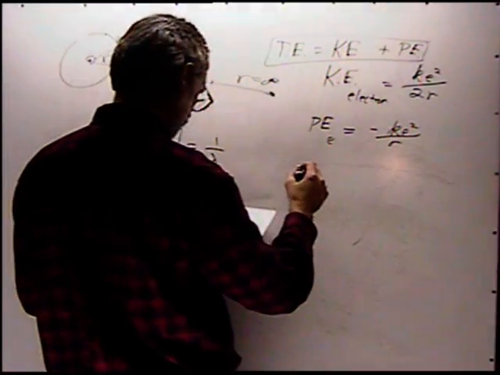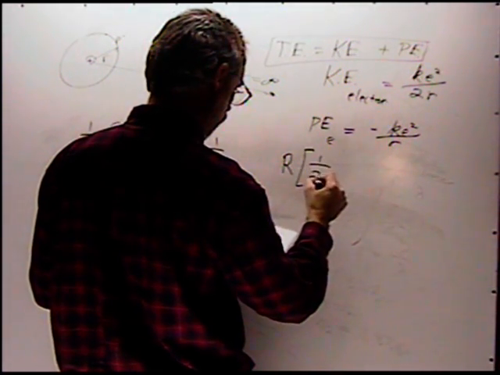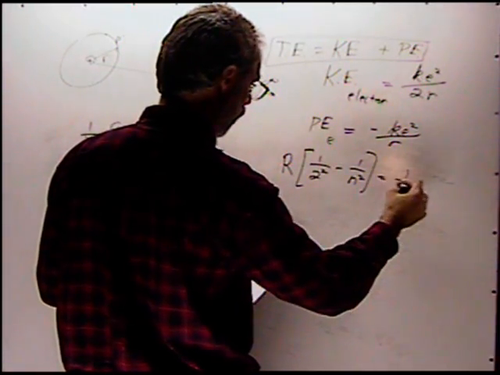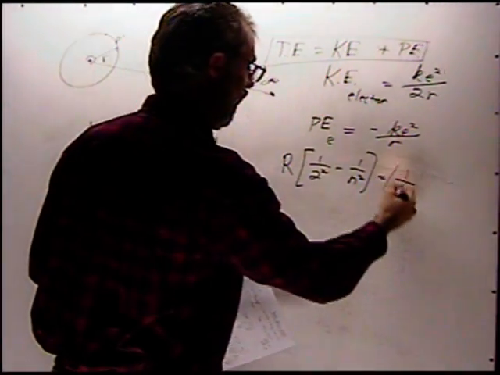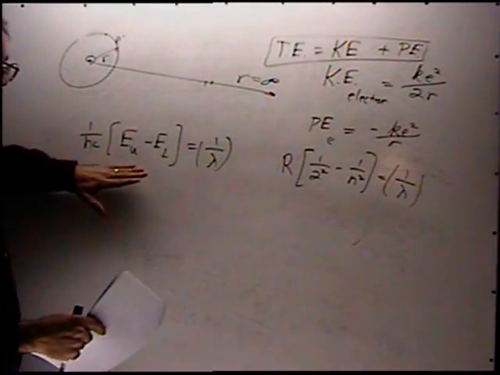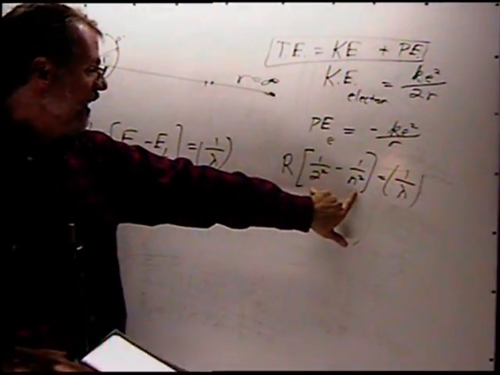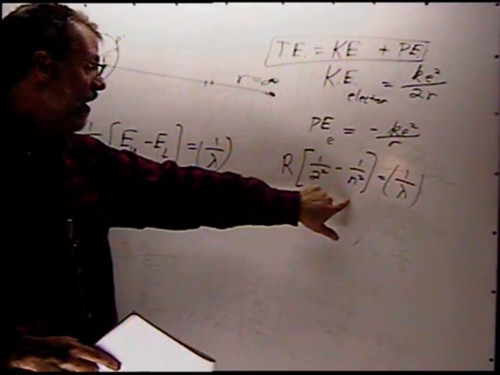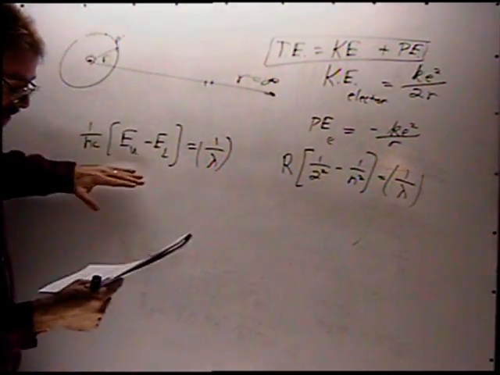He also had, and I'm going to write it backwards here, the Balmer series. He noticed that these two equations were very similar, both having on the right-hand side 1 over lambda, 1 over the wavelength. He derived the difference of the upper energy and the lower energy, and he had this from the Balmer series, using it as an example. So he thought, well, these two must be linked. Somehow this must be related to this.